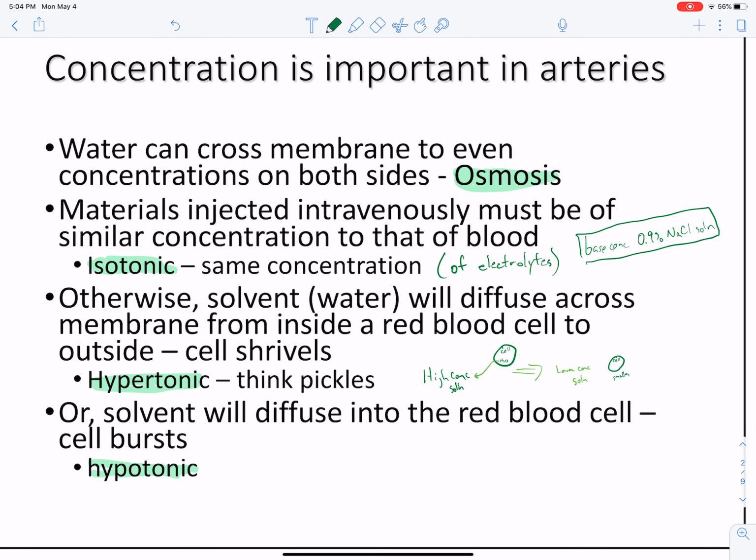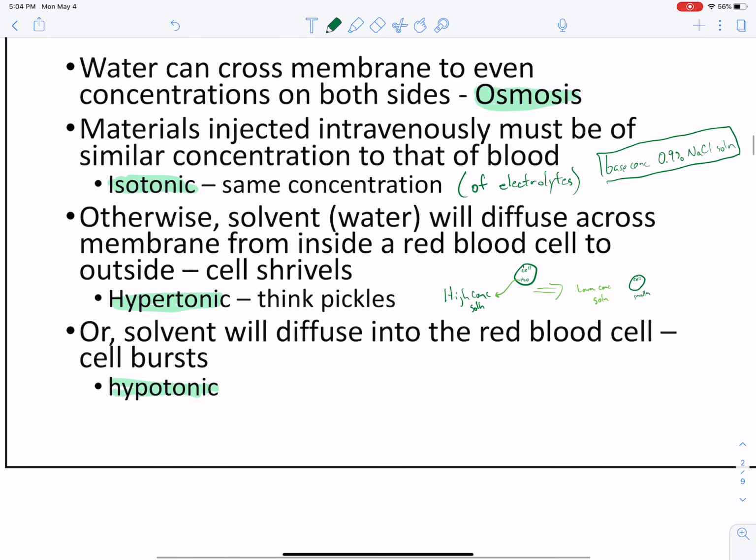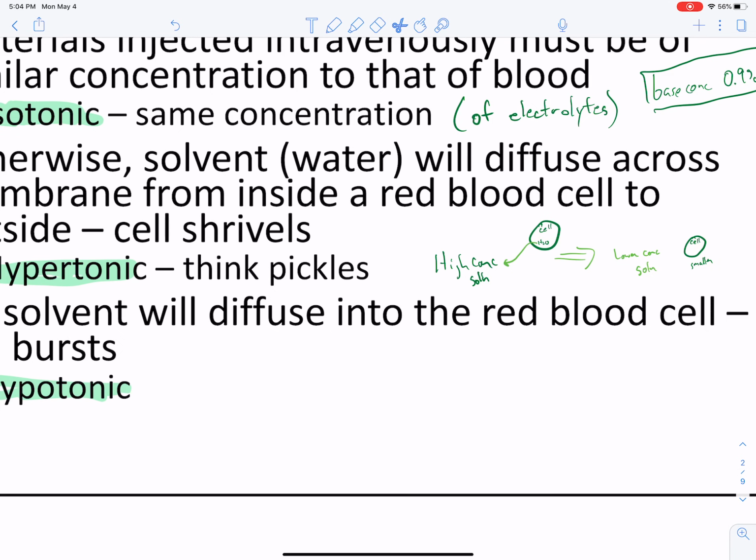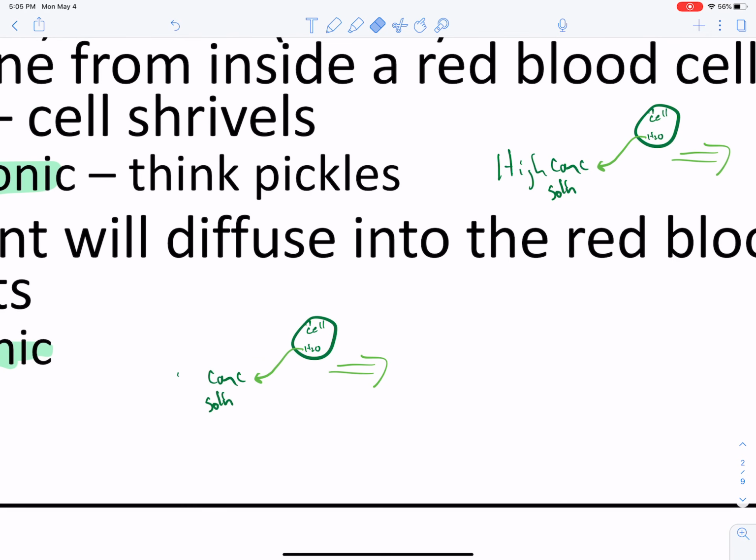If we have it where it's opposite, and we've got something that looks like this, where we have a low concentration of solution, then what happens is that water from the solution will move into the cell.